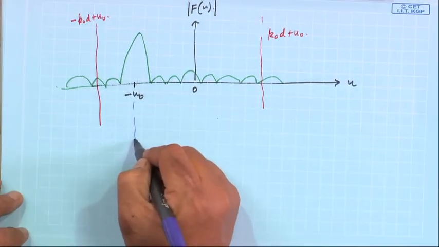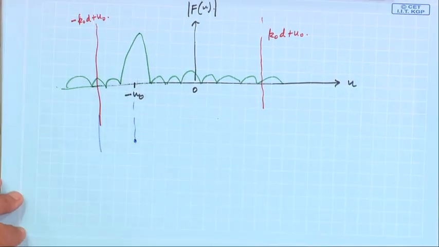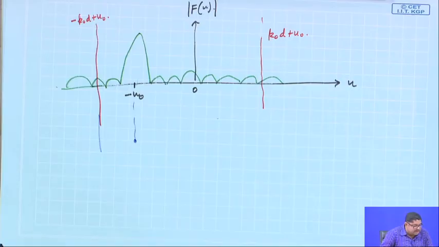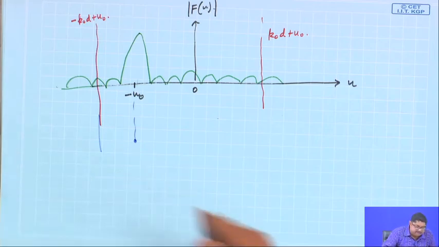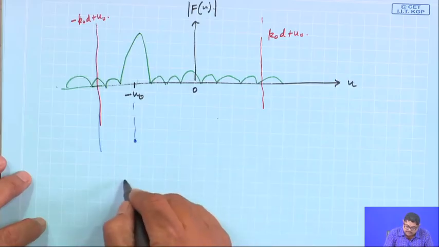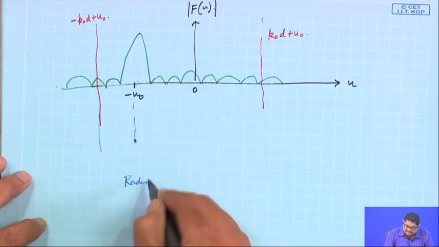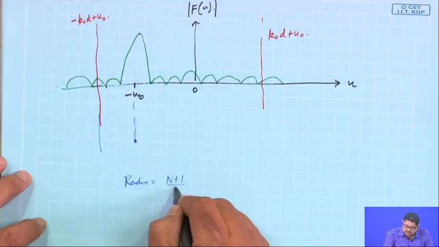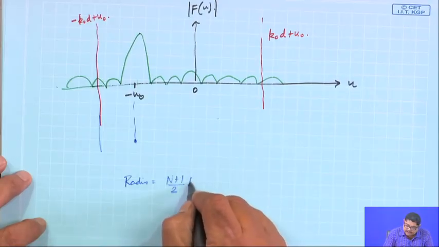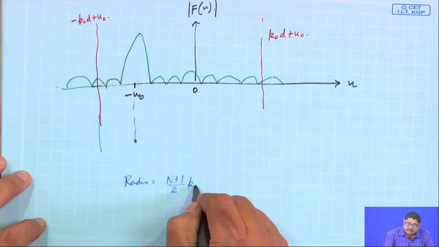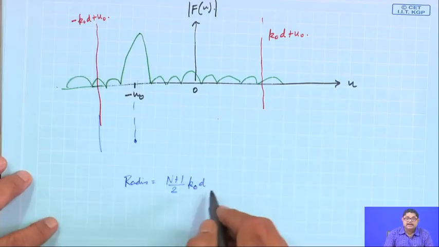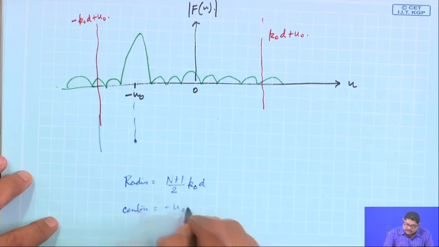The circle will be centered at u naught, and the radius of the circle is n plus 1 by 2 k naught d. This is the radius, and the center is minus u naught.